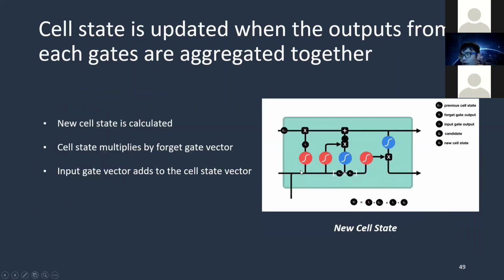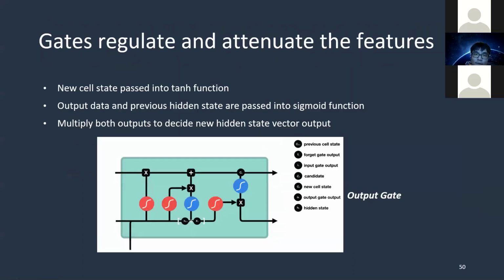After the forget gate and the input gate, they finally calculate a new cell state, a new memory of the data. So you multiply by the forget gate, you get to the final output. So the output is going all the way to the right already. So that's the key, okay? Another thing you do is pass it into another tanh function.